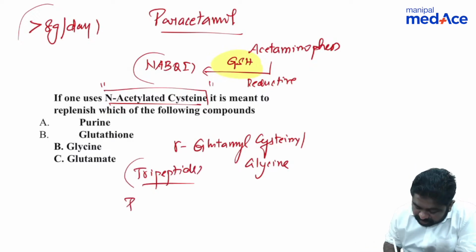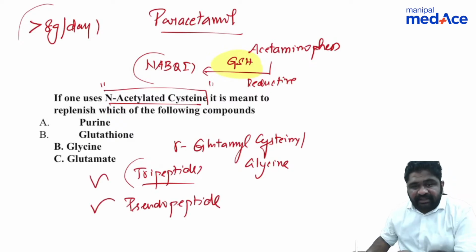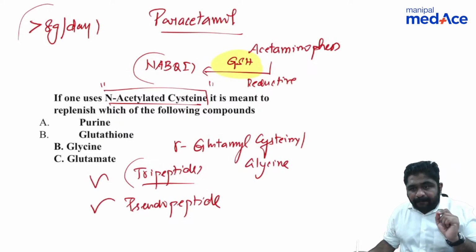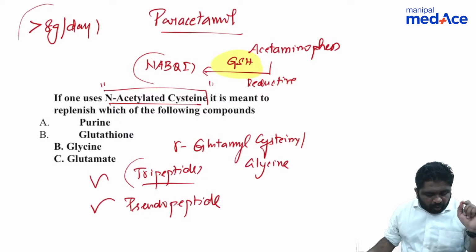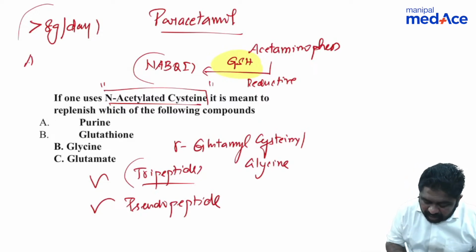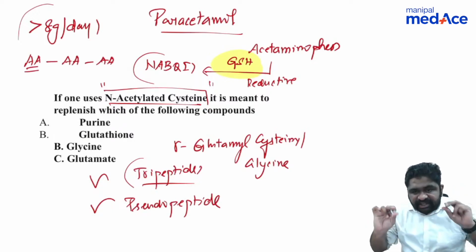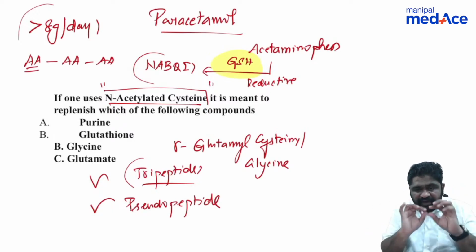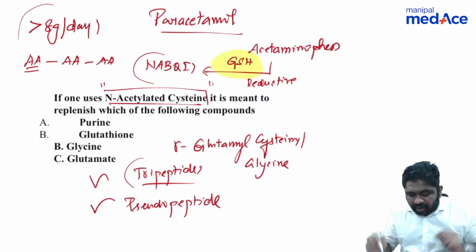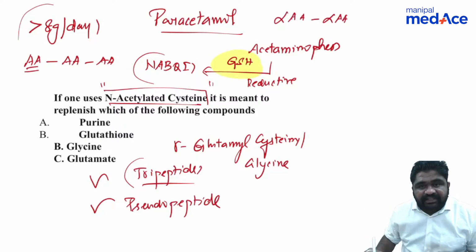Also, it is referred to as a pseudopeptide. Why is it a pseudopeptide? Two important MCQs which were asked in INI-CET and NEET exams. Whenever an amino acid makes a bond with another amino acid to form a peptide chain, you will always have alpha amino acid linkage.